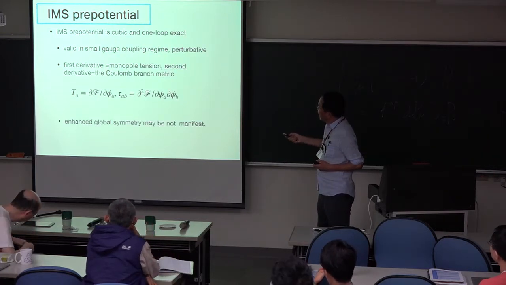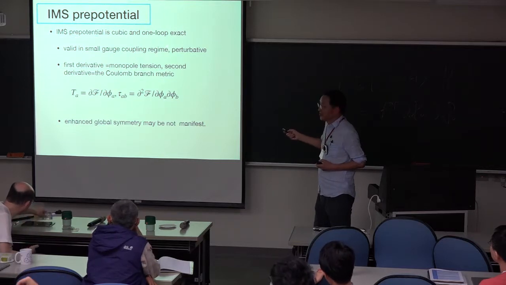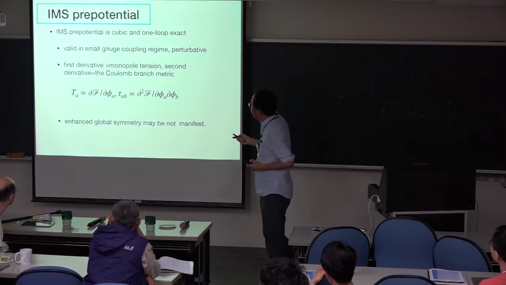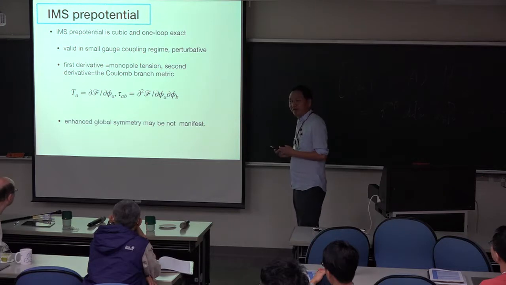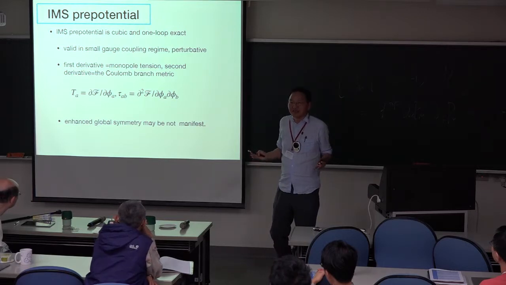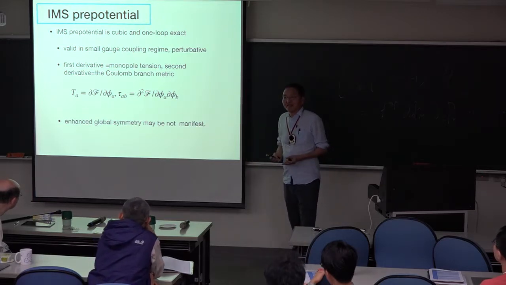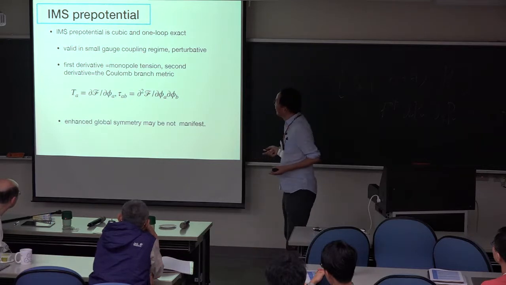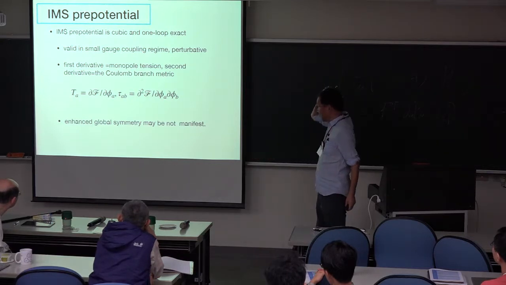Right, so the IMS prepotential is cubic, as we expect, and it's valid in the small gauge coupling regime, and you do one-loop calculation. On the other hand, the E0 theory is a non-Lagrangian theory, so there are no W bosons. You cannot do a one-loop calculation, so it's a hard calculation to do.